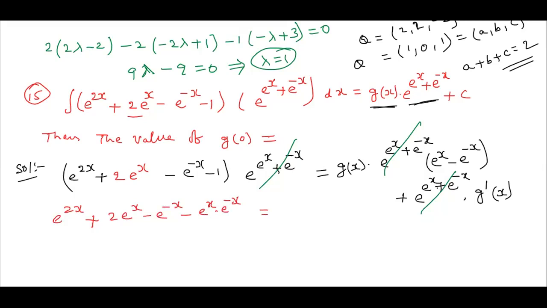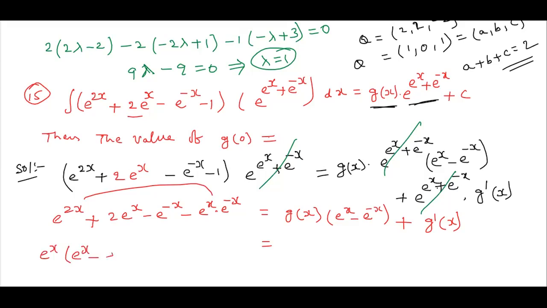Okay, that is equal to g of x into (e power x minus e power minus x) plus g dash of x. Now on the right hand side, observe that on the left hand side also we want to calculate the same. Now in these two terms, first and last, what do we have to take common? E power x. Remaining is e power x minus e power minus x.